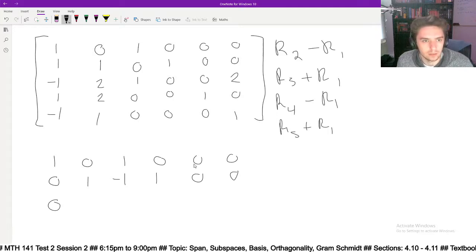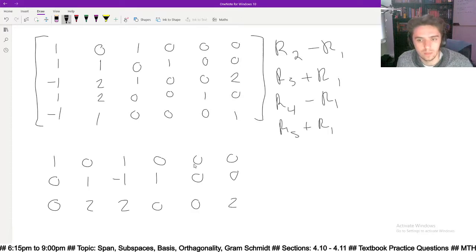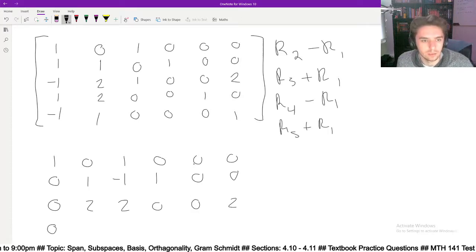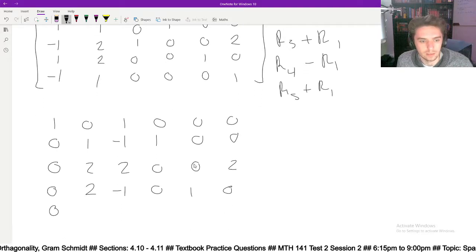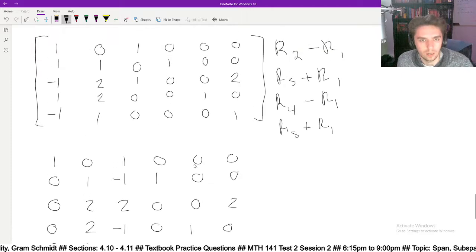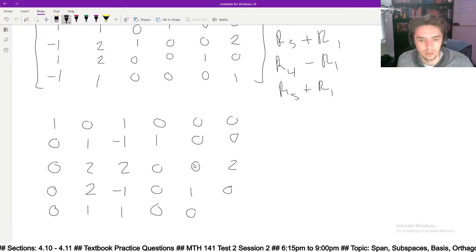Add the two, so 0, 2, 2, 0, 0, 2. 0, 2, minus 1, 0, 1, 0. And then add it. So 0, 1, 1, 0, 0, 1.